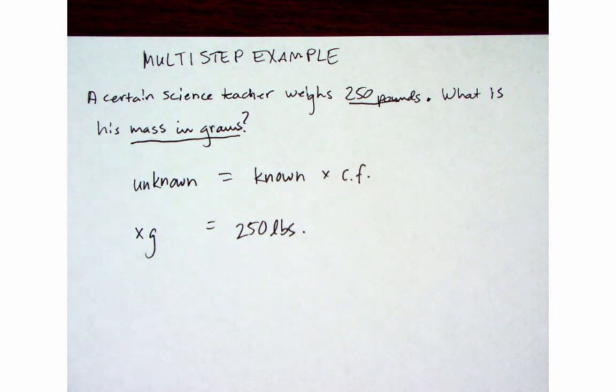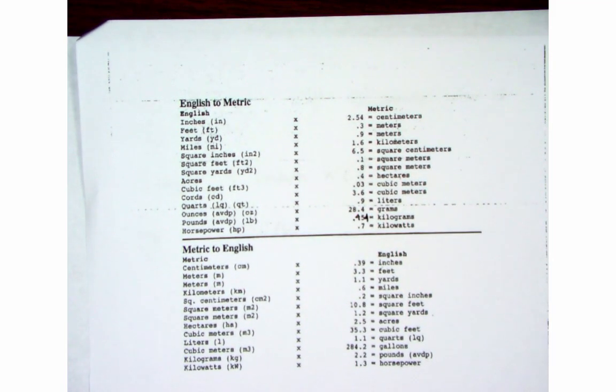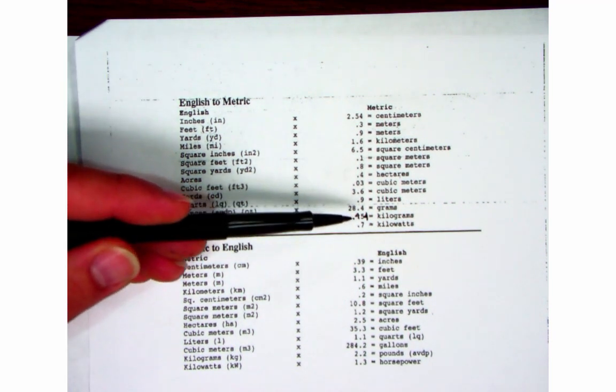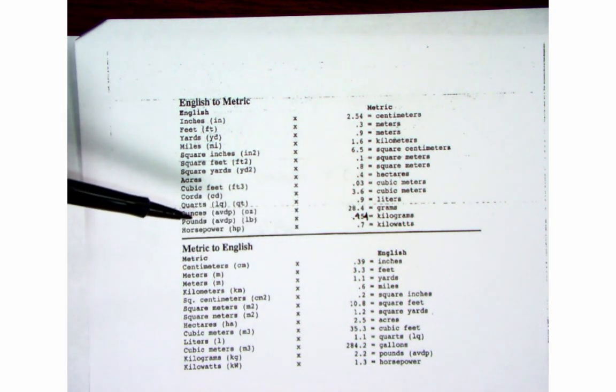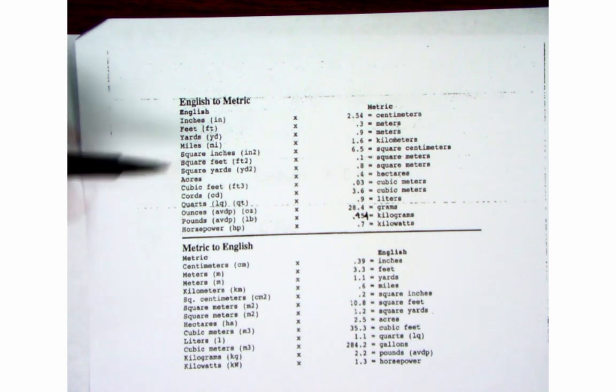Okay, so here is the deal. Changing pounds into grams may not exist on our chart. So here I have pounds, and if I look across, it's 0.454 kilograms. But it doesn't change anything into just plain grams.